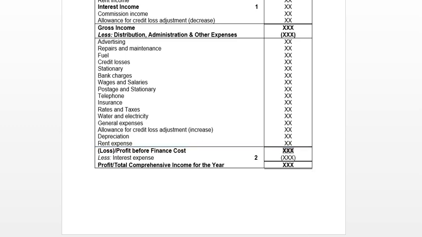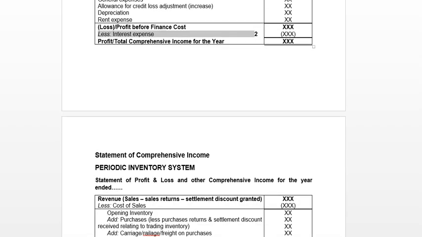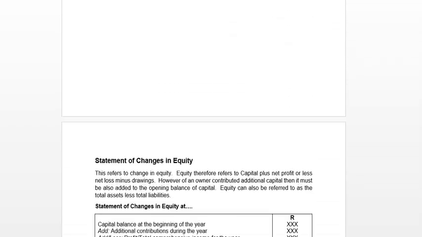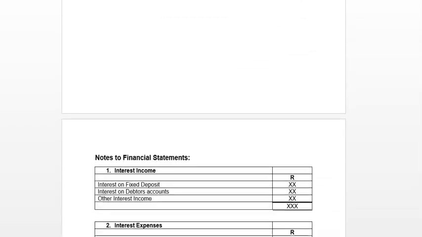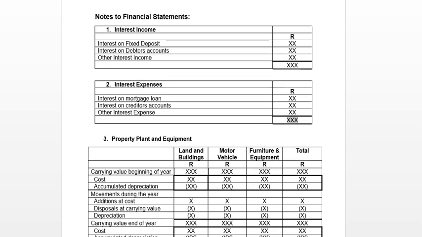If we account for that, then what we get is our profit or loss before finance costs. Finance costs relate to our interest expense. For interest expense, again, we have a specific note which summarizes all the different interest expenses which we had to incur, for example your interest on mortgage loan, your interest on creditors account, and other interest expenses.